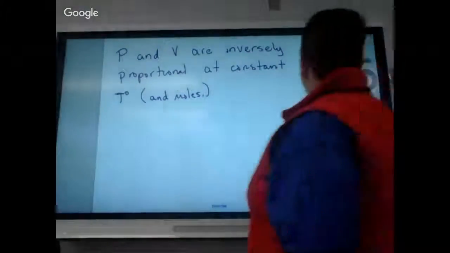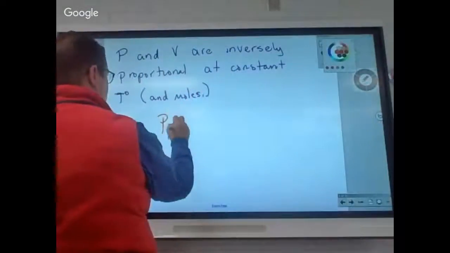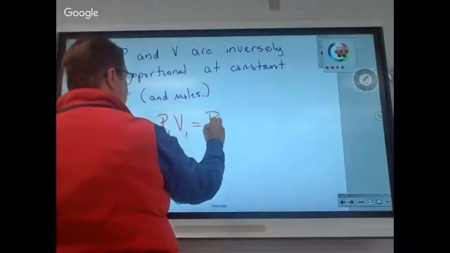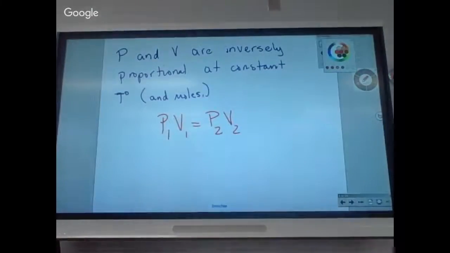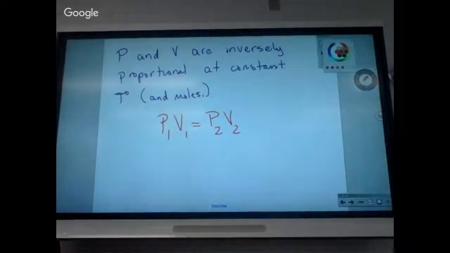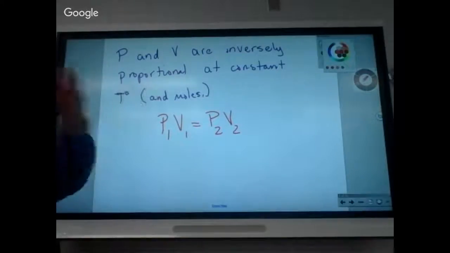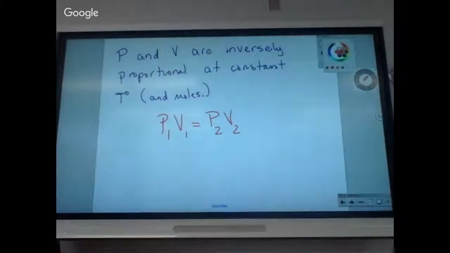Okay, so what's the gas law that goes with this? What's the formula? P1V1 equals P2V2. Now, notice who's not in the formula. There's no temperature because we said what in the gas law?